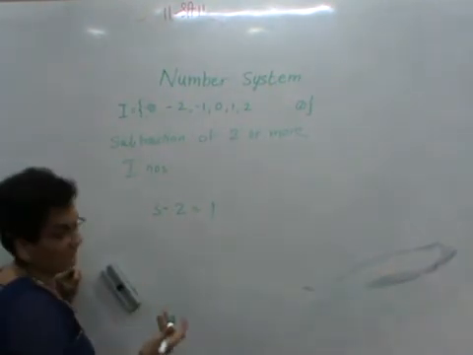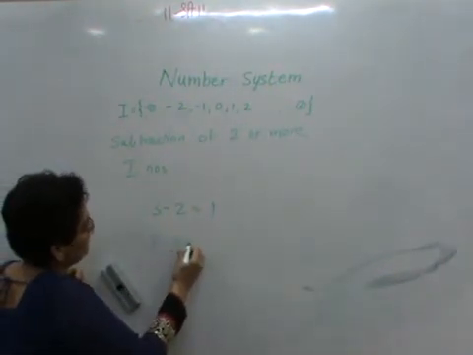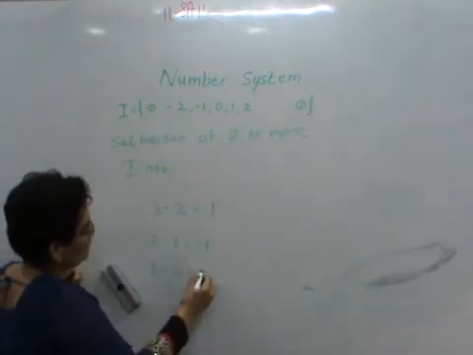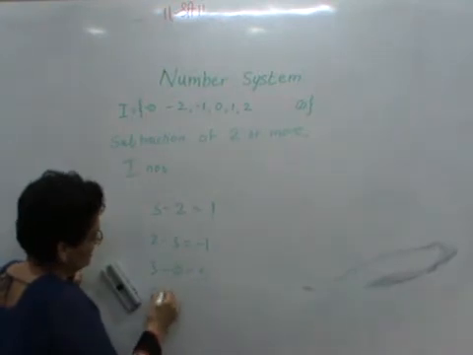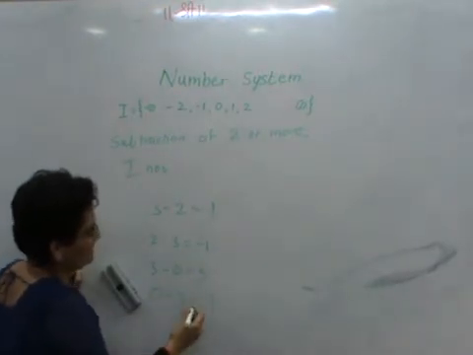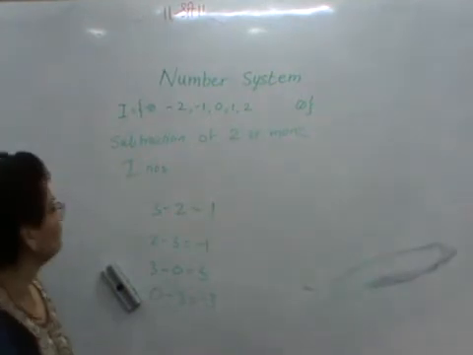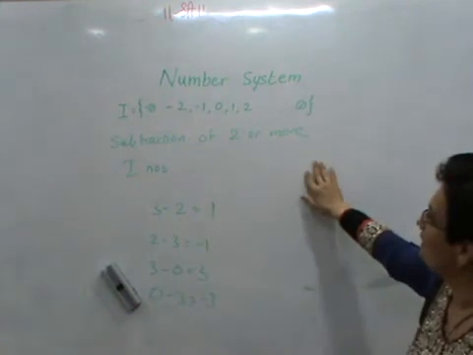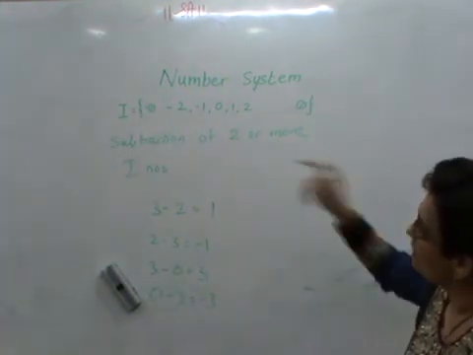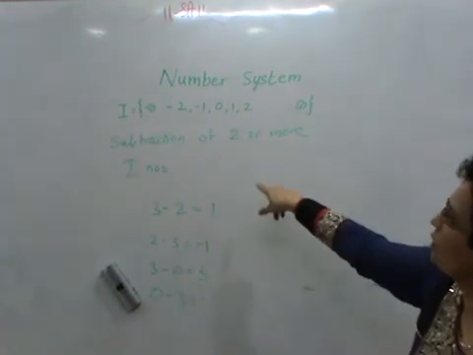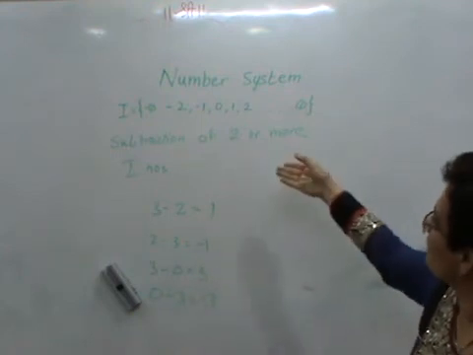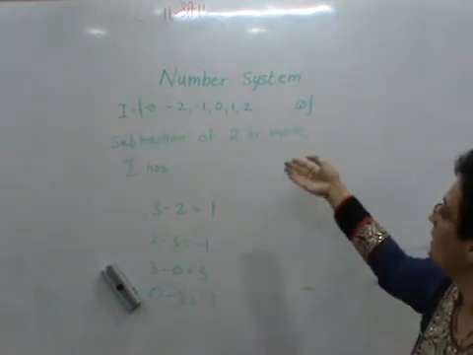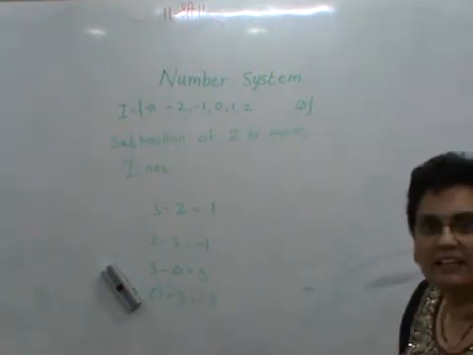That is an integer. 2 minus 3 is minus 1, an integer. 3 minus 0 is 3, an integer. 0 minus 3 is minus 3, an integer. So for the subtraction rule, for natural numbers and whole numbers you may not get the same natural or whole number, but for integers you will always get an integer.